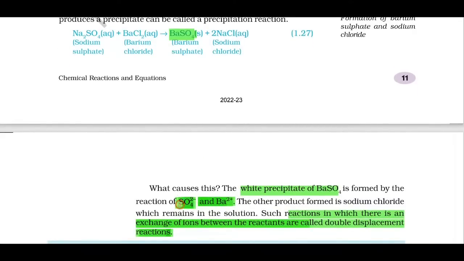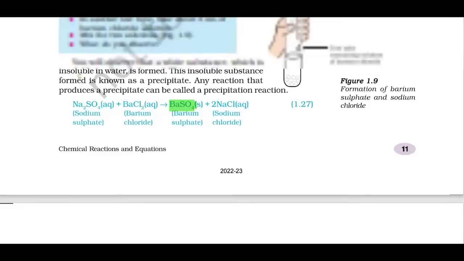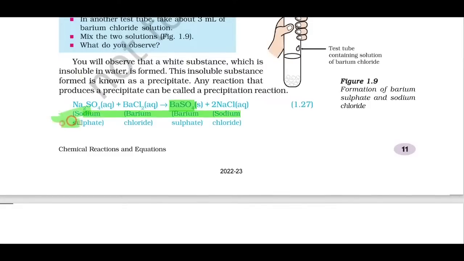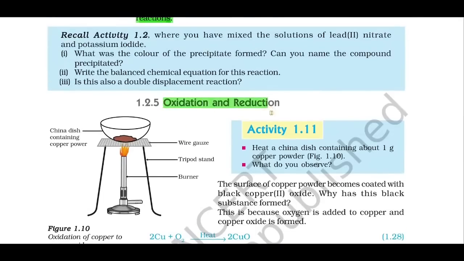The reaction of sulfate ion and barium ion gives the white precipitate, barium sulfate. So you should learn this chemical equation. And next we have oxidation and reduction.